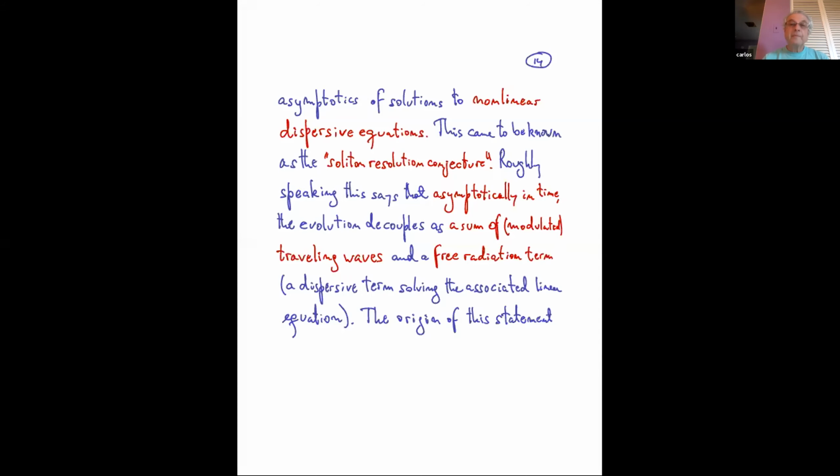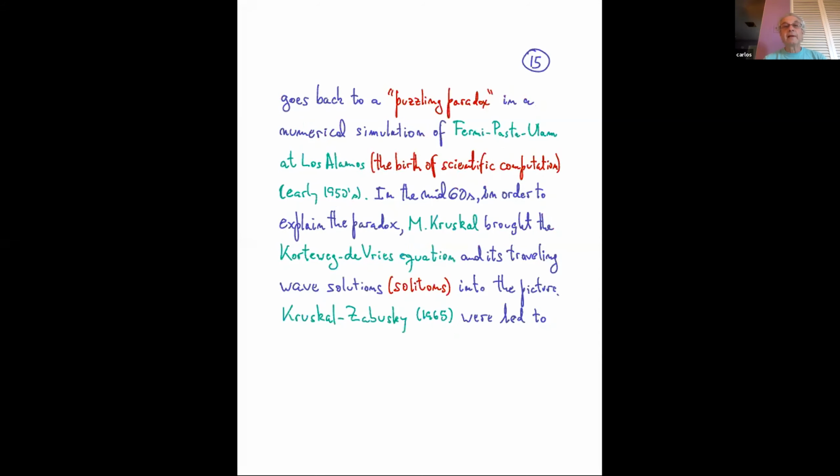Now, the origin of this statement is very interesting in my view. It goes back to a puzzling paradox in a numerical simulation by Fermi-Pasta-Ulam, which was conducted at Los Alamos after the end of World War II and in the early 1950s, which was the actual birth of scientific computation.